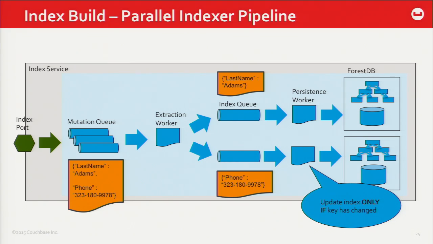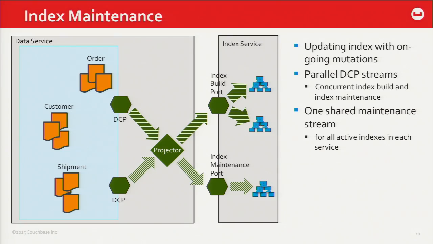If there's no change, then it will be a no-op and we will not apply the key. If the key has changed, then we will apply it, or update the index on disk. By doing this check, it also minimizes the unnecessary I/O to the storage layer.